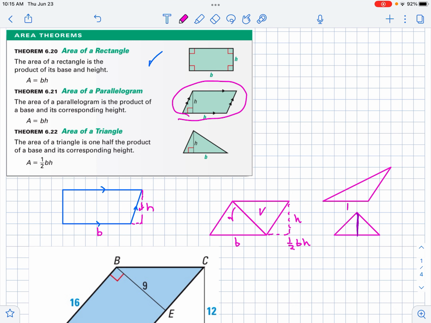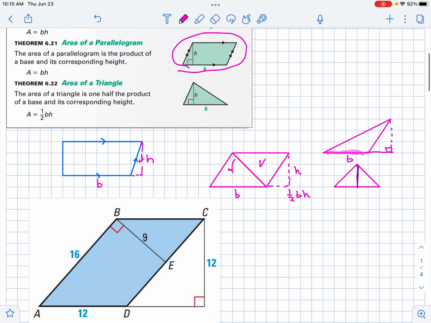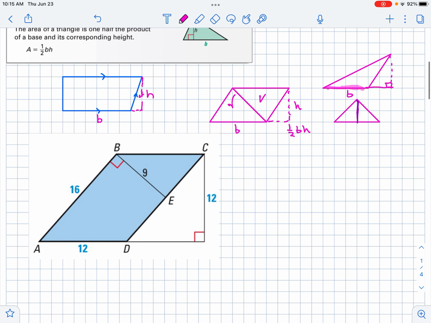And now you have the base here. So here's the base. And then to get the height, you come over here. Here's the height. And you have to extend this base out a little ways. But the height is perpendicular to the base, and it goes up to one of the vertices. So this is stuff you've seen before. The area of a triangle is 1/2 base times height.